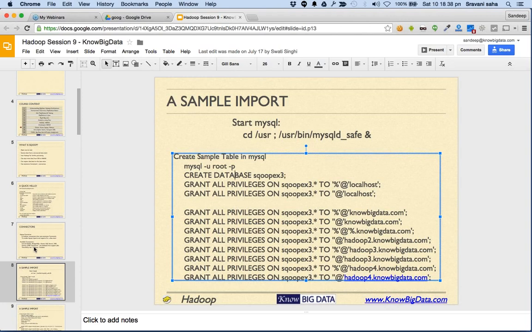You have to provide the permissions to other machines to connect to your database. Because by default, when you create a database in MySQL, it is not really available over the network. You have to give it permission to make it possible over the network connectivity.